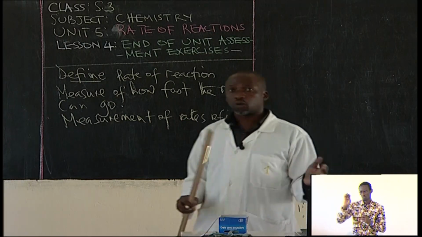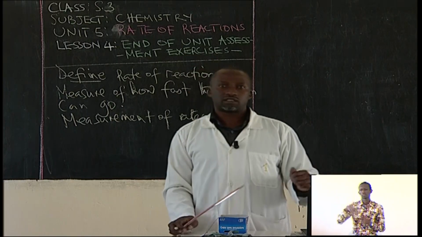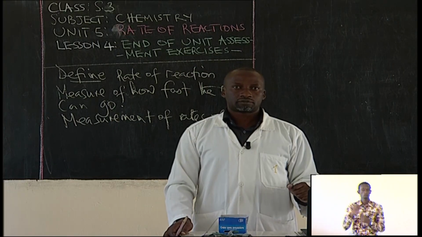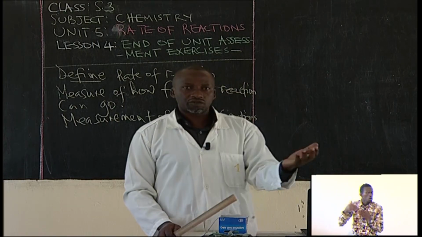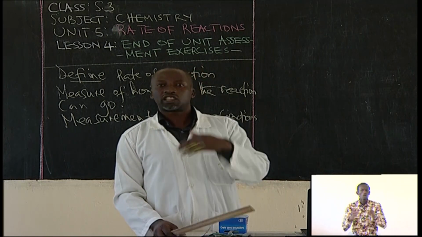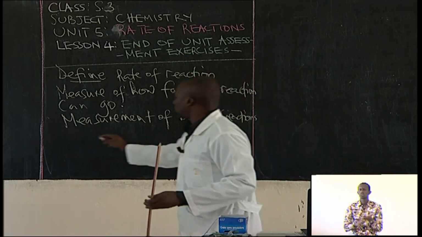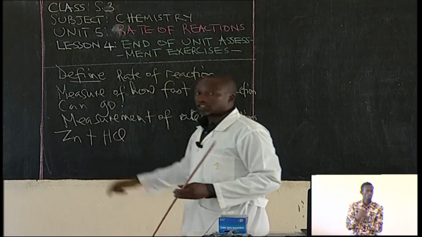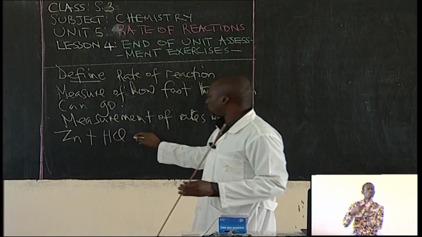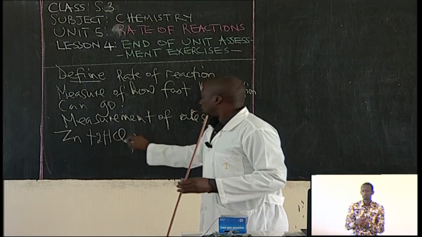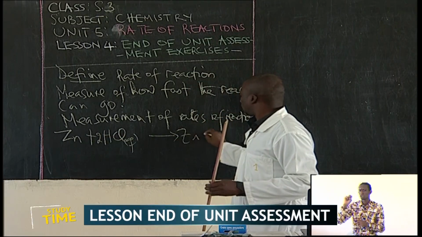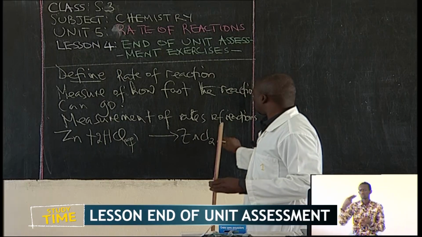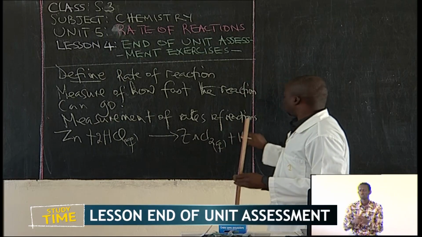We looked at different methods, whereby we used specific reactions to measure the rates of the reaction. For example, zinc combining with HCl to form zinc chloride, which is a solution, plus hydrogen gas.